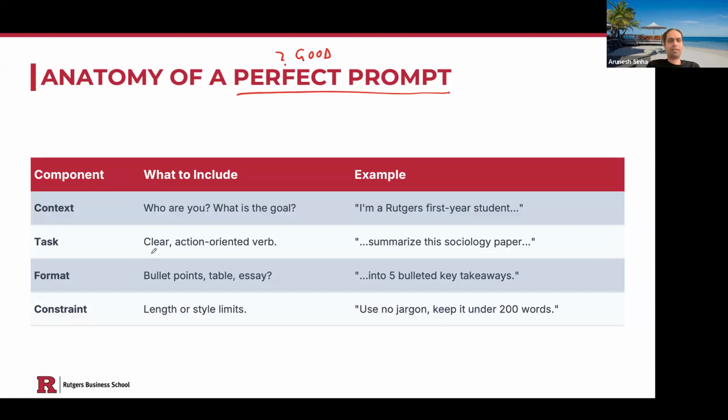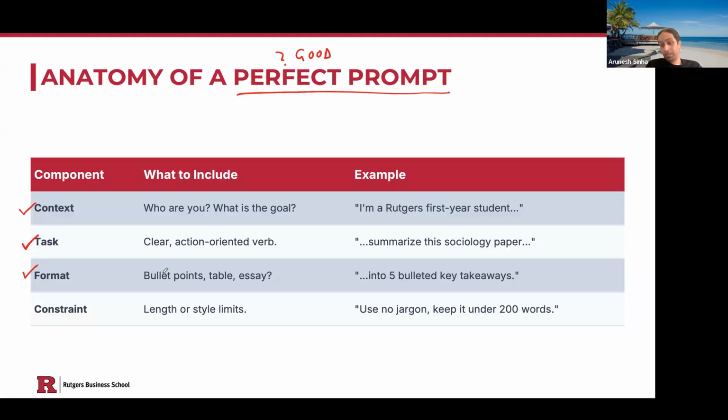Things include context, like I am a Rutgers first year student, and then it will understand in what context you are asking a question. Clearly state the task. Clearly state the format in which you want the output. Do you want a bulleted list? Do you want 3 paragraphs, 5 paragraphs?